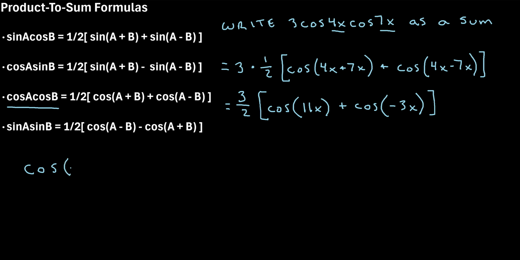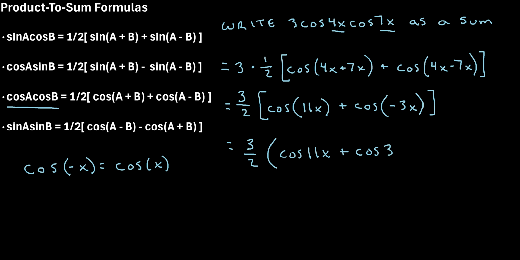So what that means is if we have the cosine of negative x, that's actually equal to the cosine of x. So we can simplify this just a little bit and write our final answer as 3/2 times the cosine of 11x plus the cosine, instead of negative 3x, we can write that as positive 3x. So we'll say cosine of 3x. And that is our final answer.